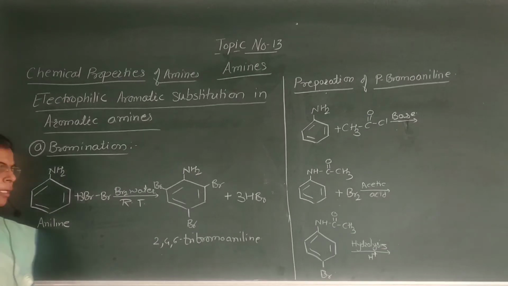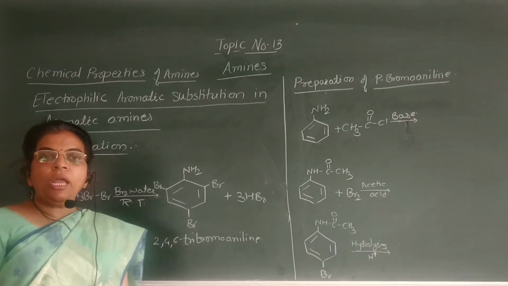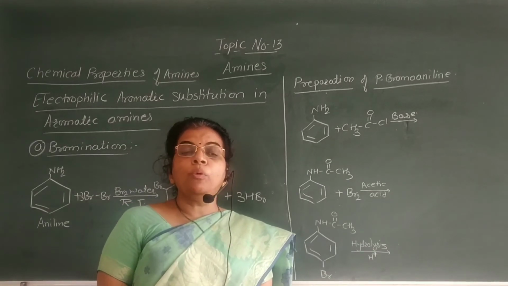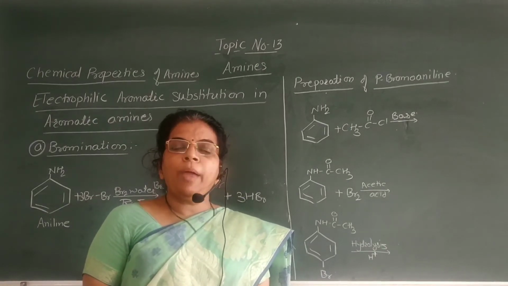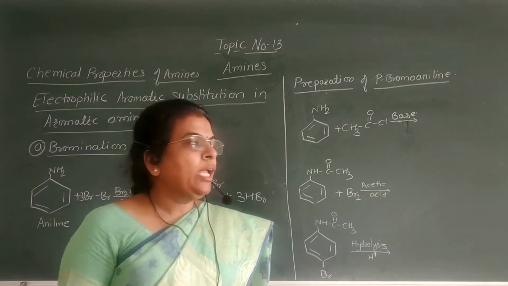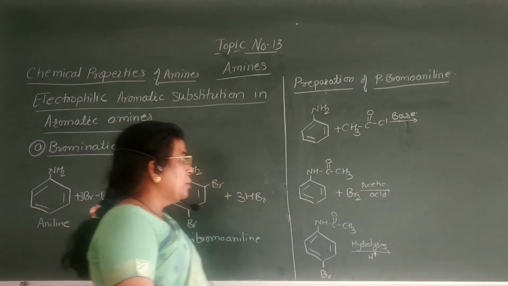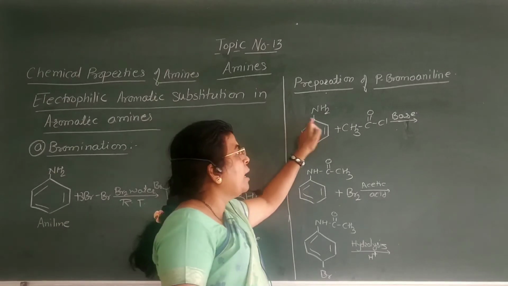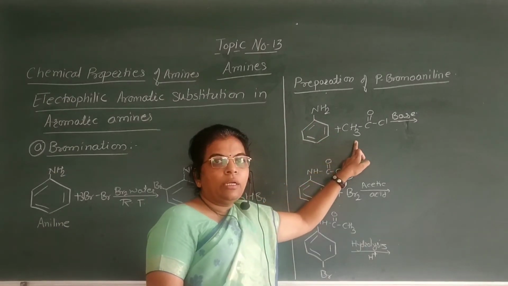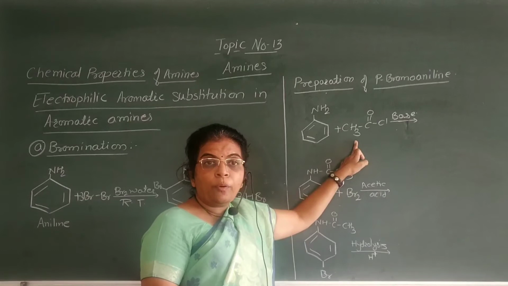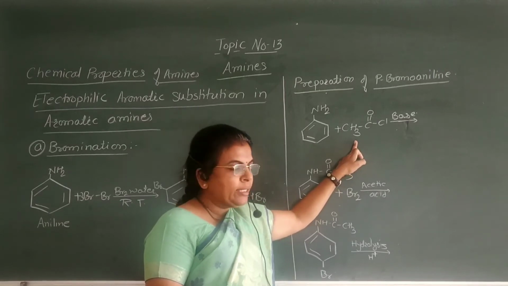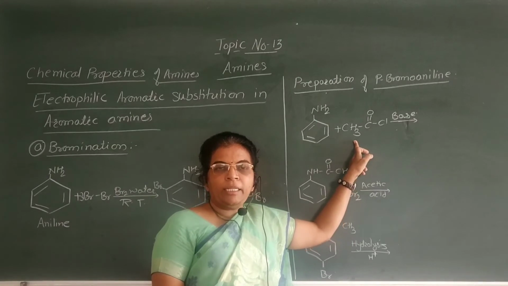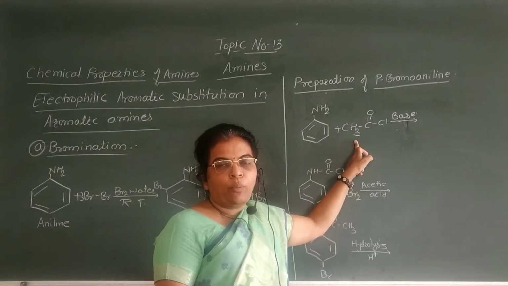But if we have to prepare monosubstituted aniline, that is parabromoaniline, then the NH2 group is first protected by acylation. If we do not protect the NH2 group by acylation, then we get tri-substituted aniline, that is 2,4,6-tribromoaniline.